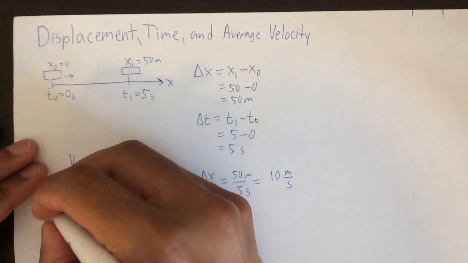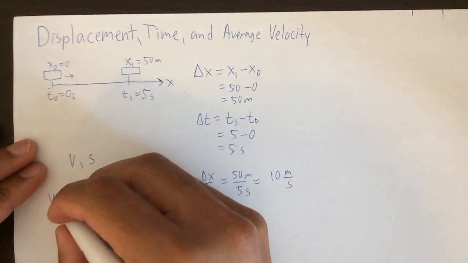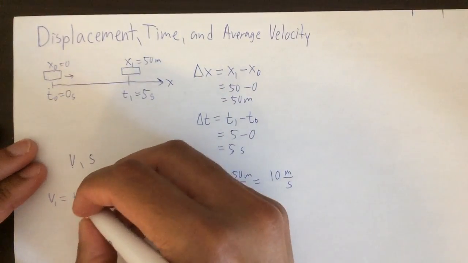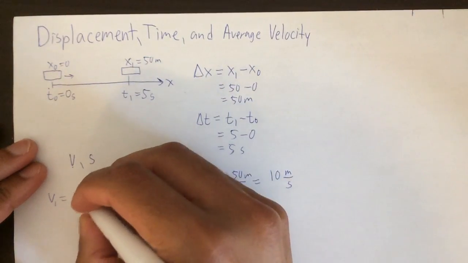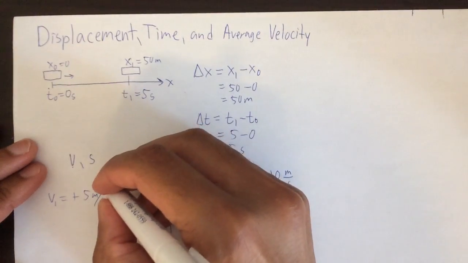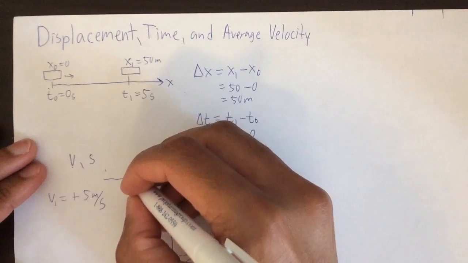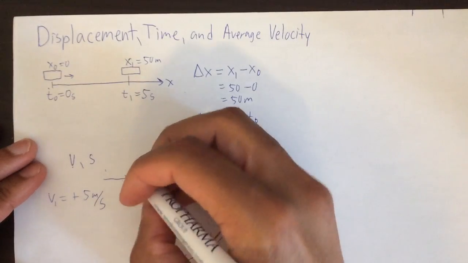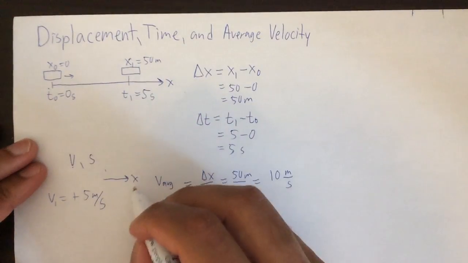So we have a v1, let's say that's plus 5 meters per second. We know that if we're talking about a coordinate system with an x direction, this is defined as positive.